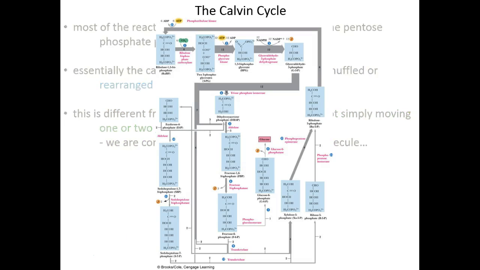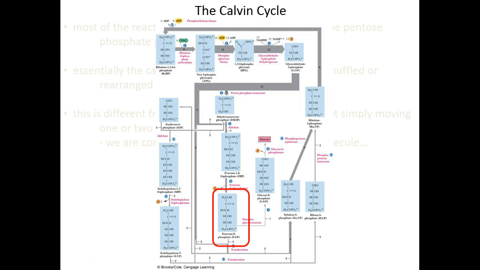And since we have all of these different ingredients, GAP, DHAP, and fructose 6-phosphate, when we say we're reshuffling those three, we literally mean we're breaking all three of those molecules down into their constituent parts and bringing them together into brand new molecules.